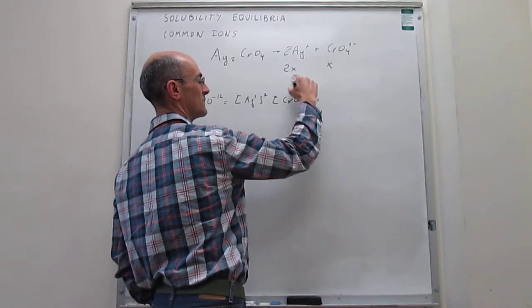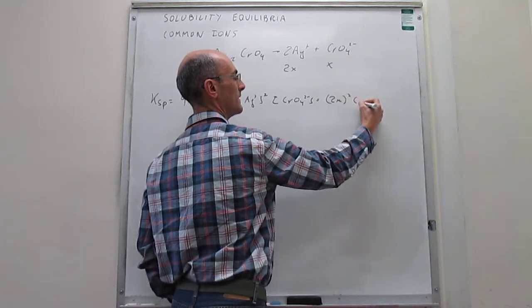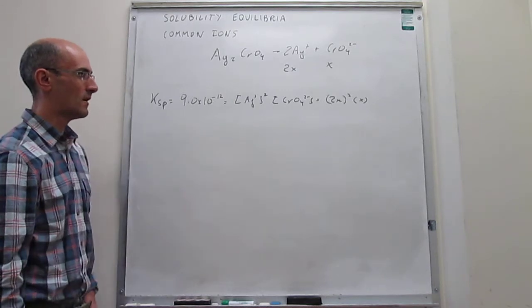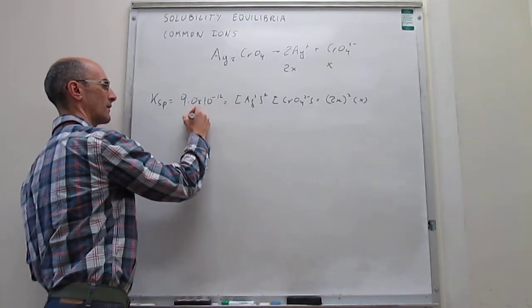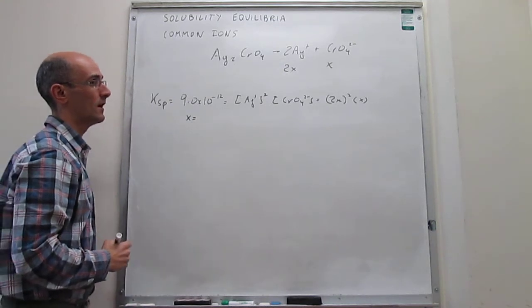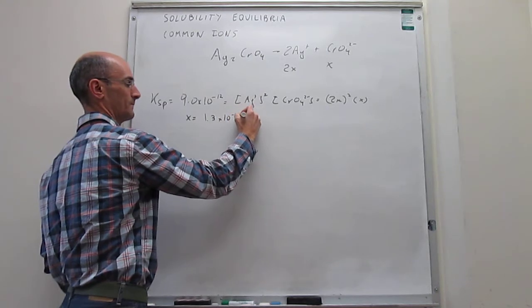The concentration of silver ions will be twice the solubility, and the concentration of chromate ions is the solubility. So from here you can come up with the value of the solubility of silver chromate of 1.3 × 10^-4 molar.